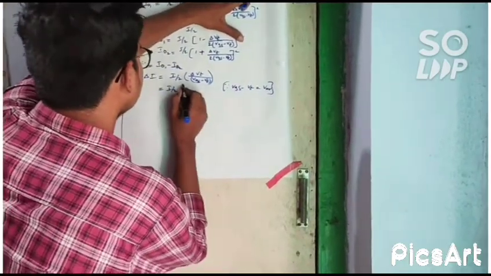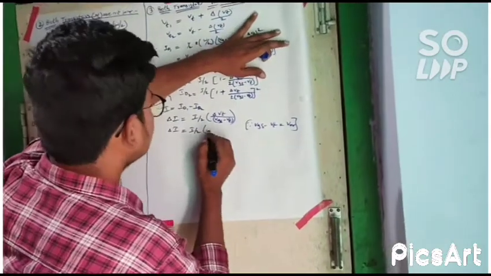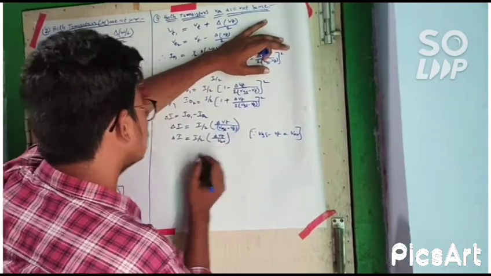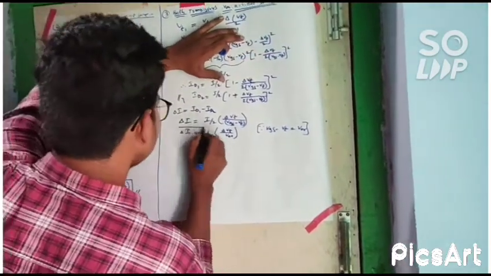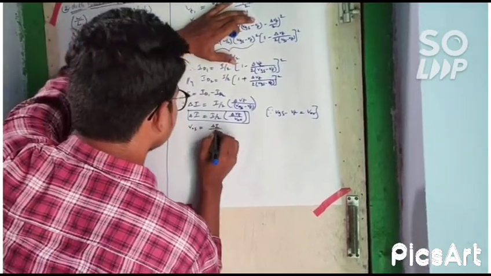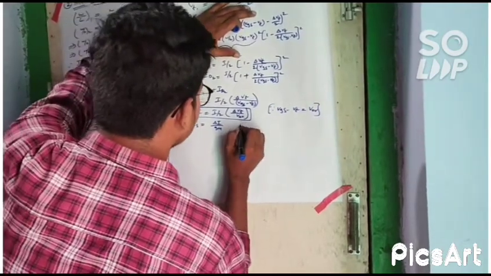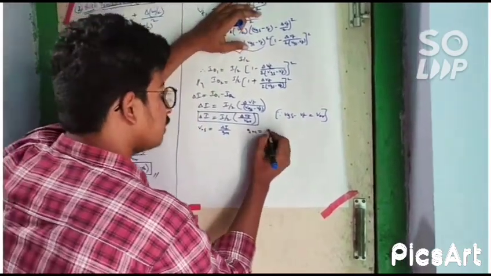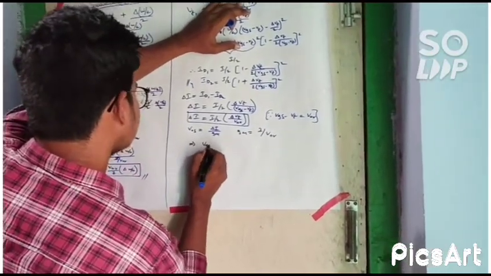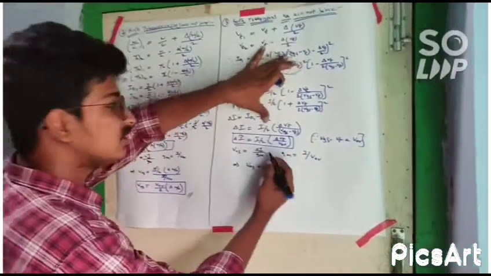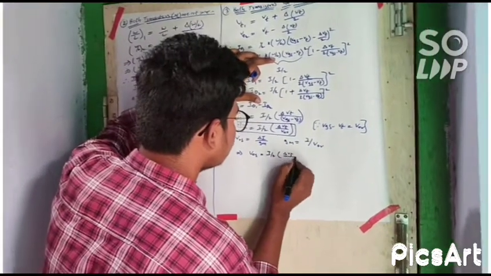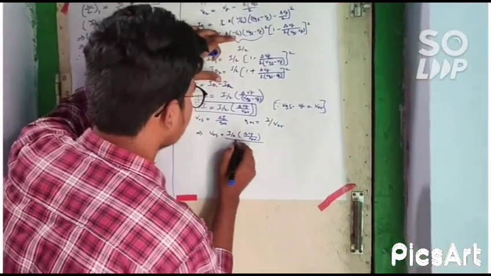Similarly, ID2 is equal to I by 2 into 1 plus delta VT by 2 into VGS minus VT whole square. Now similarly, delta I is equal to ID1 minus ID2. By doing the simplification, we get delta I is equal to I by 2 into delta VT by VGS minus VT.